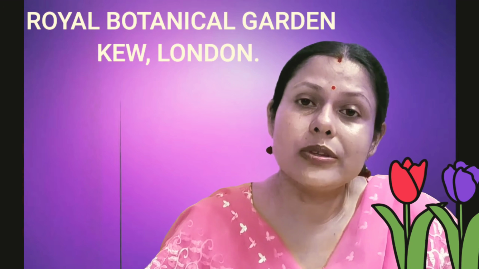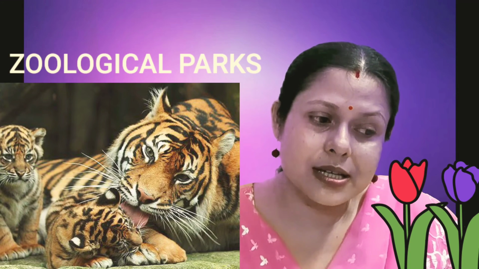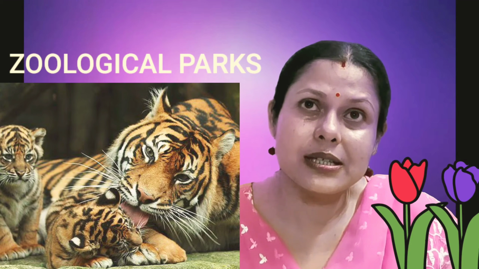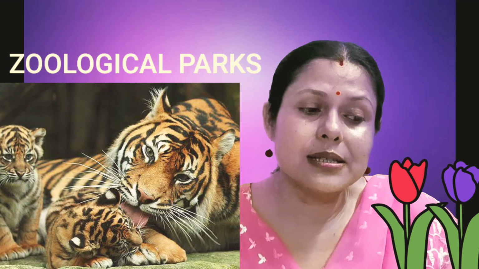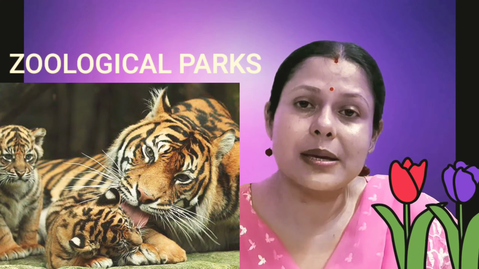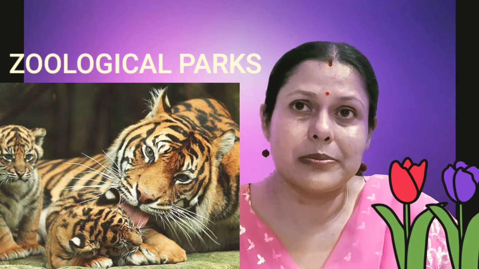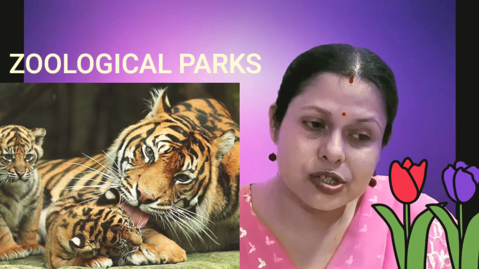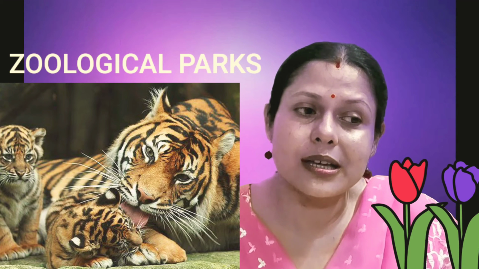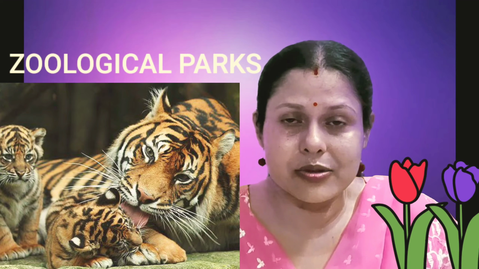Similarly, zoological parks are also protected areas, popularly called zoos, in which animals are kept in captivity. They are mainly meant for entertainment purposes, and sometimes breeding is done in captivity, especially for the children who come and enjoy seeing these animals, because all animals are not found in every country.